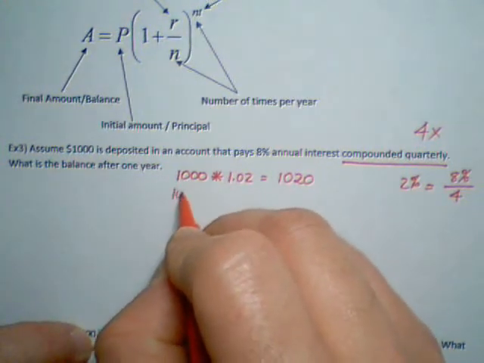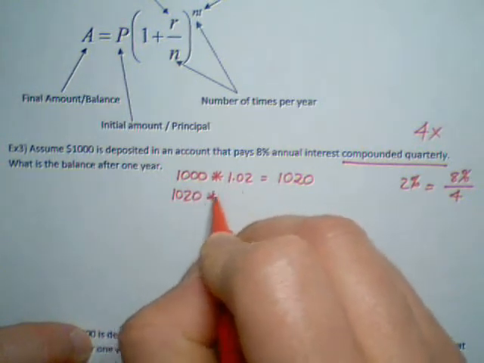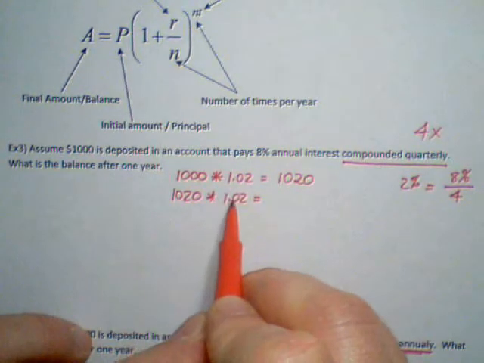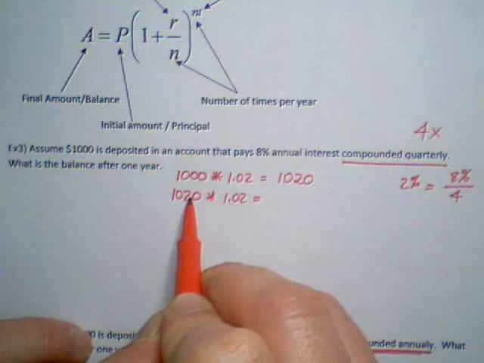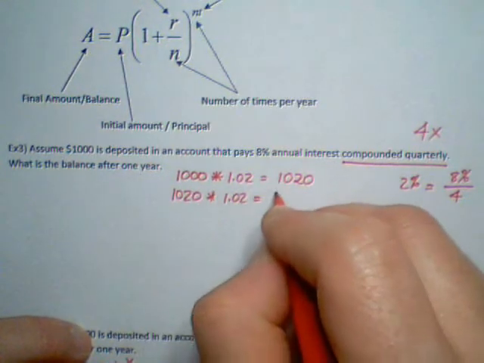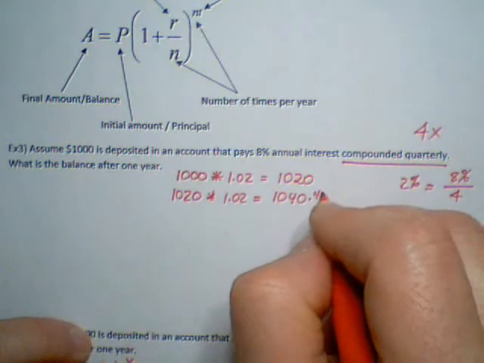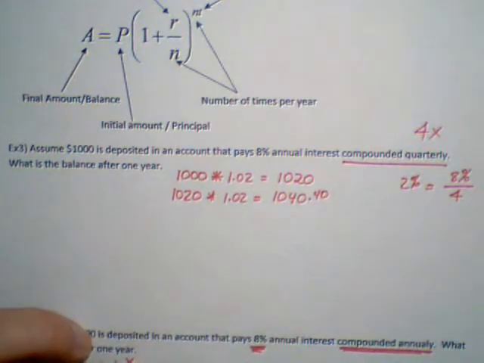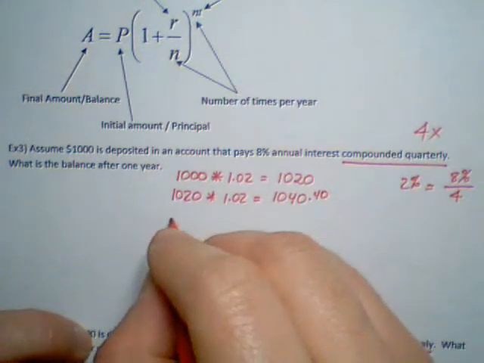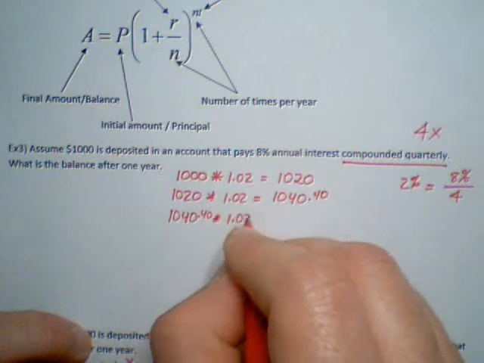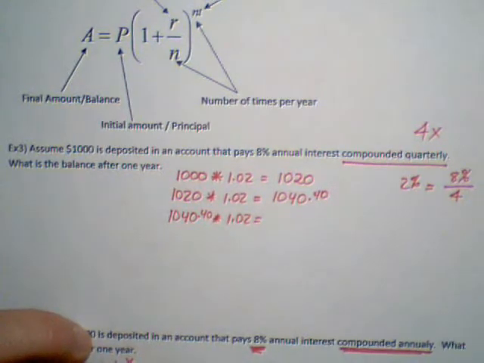Another 3 months go by, and the bank's going to pay you again. So now it's going to multiply the 2% based on 1,020. So now you're going to have in your bank account $1,040.40. Then another 3 months go by, and the bank pays one more time.